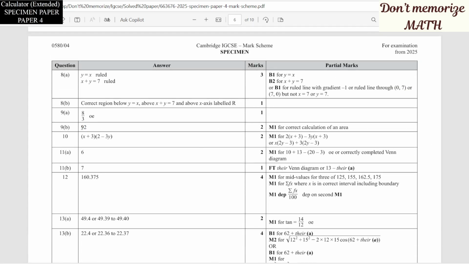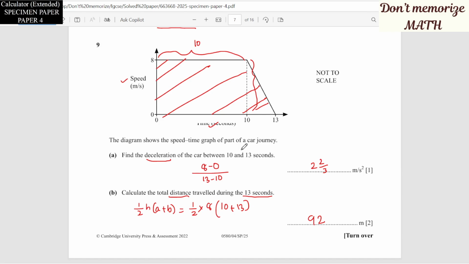The previous one, 9a, is 8 over 3 or equivalent, so always change the improper fraction; it's better to write 2 and 2 over 3. Then we have 92 as the 9b answer. I hope question number 9 is clear for you.